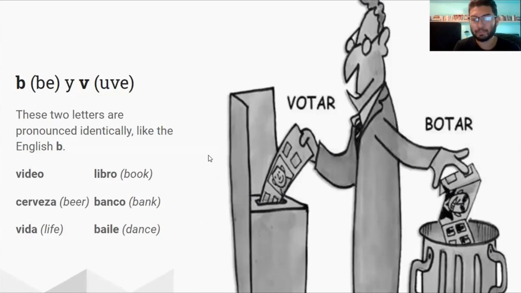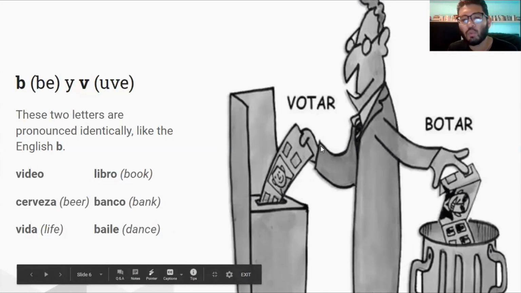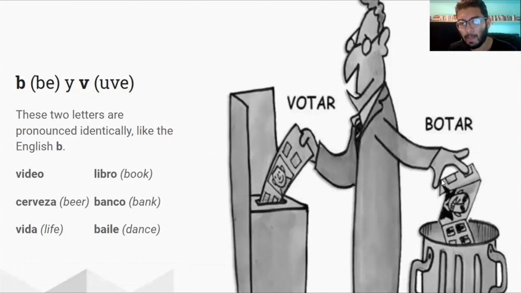namely the sound that we have with the letter B. And that produces interesting phenomena, like, for example, what this image shows. We have votar and botar. Now, those are two different verbs that are pronounced exactly the same, and the only difference is their spelling. The initial letter for one is V, the initial letter for the other one is B, but we pronounce it the same.